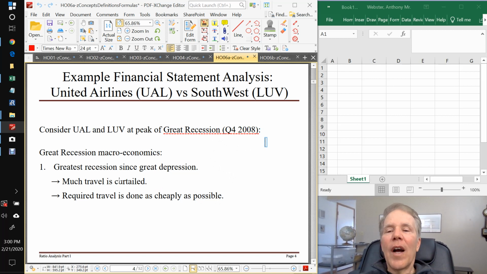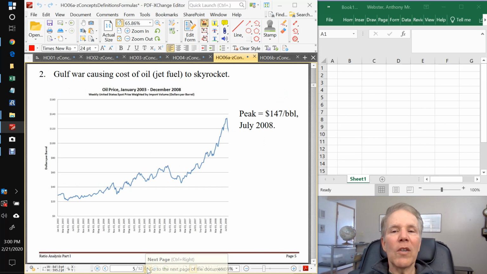Okay, so again, bad time. So what does that mean for the airline industry? You always want to do this qualitative analysis, right? Clearly, travel is being curtailed, and required travel. Nobody's going to let you travel first class anymore. If you're a business person, you're going to be flying economy. If you were first class or business class, not so much anymore.